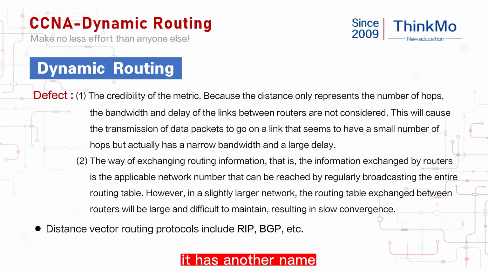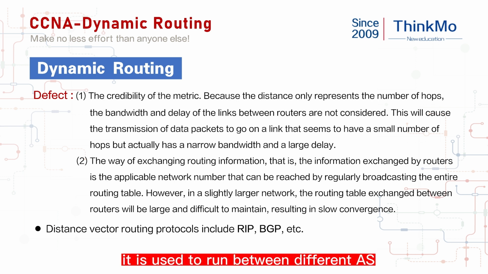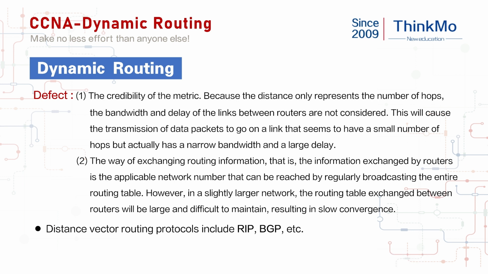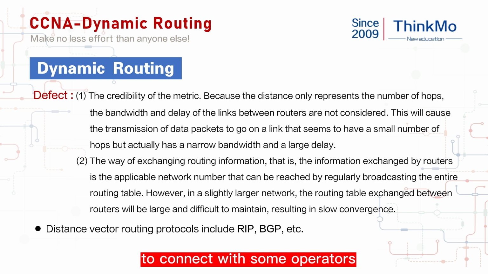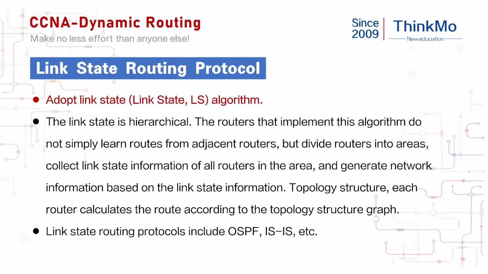It has another name. This protocol runs on the public network. We don't see BGP internally. It is used to run between different AS. For example, if your company is a very large company, to connect with some operators, BGP may be running in the middle. Including carriers may run BGP between. It belongs to an external routing protocol.